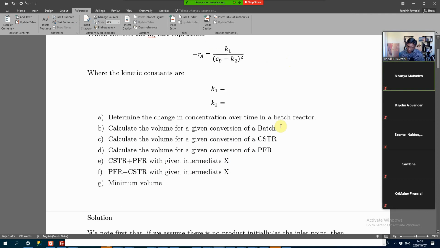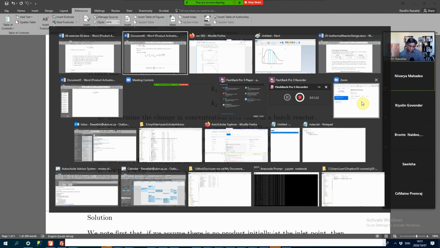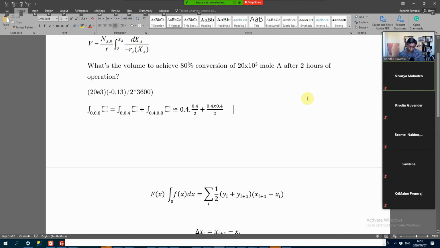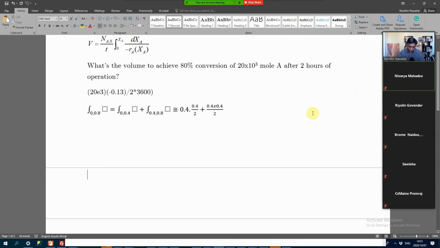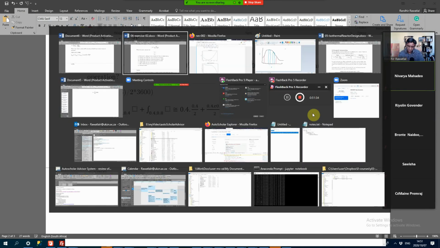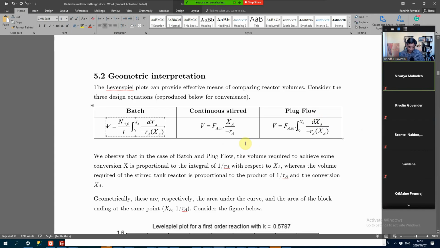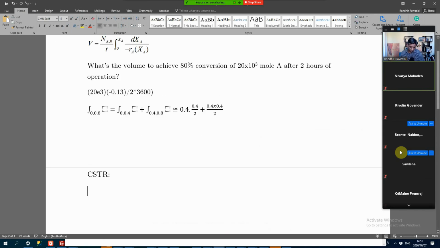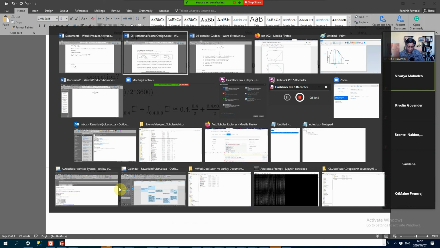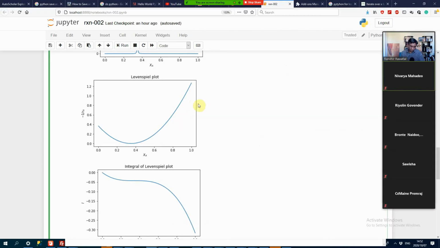Right, so that's what you can do for the batch case. For the CSTR, it's quite straightforward. For the CSTR, you've got this balance. So we simply take the conversion 0.8, and now you have to look up the reaction rate at that point.